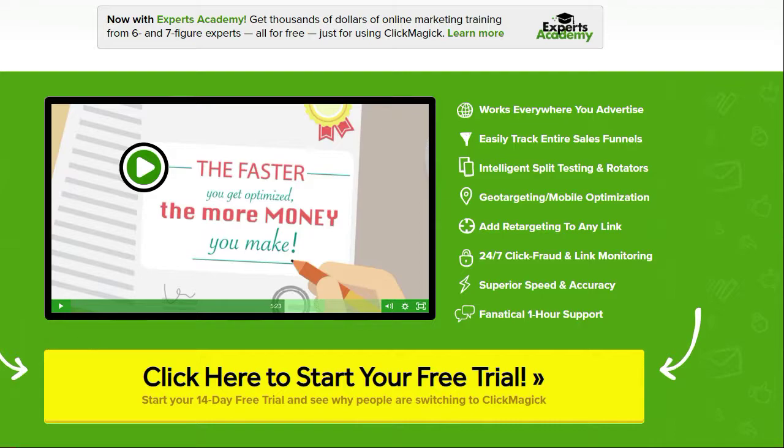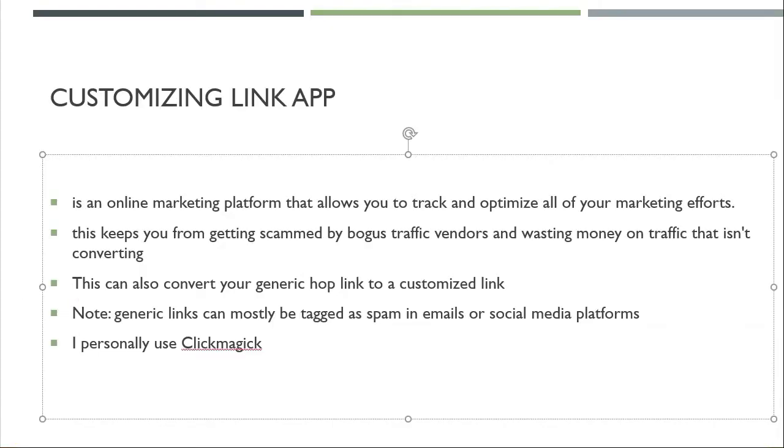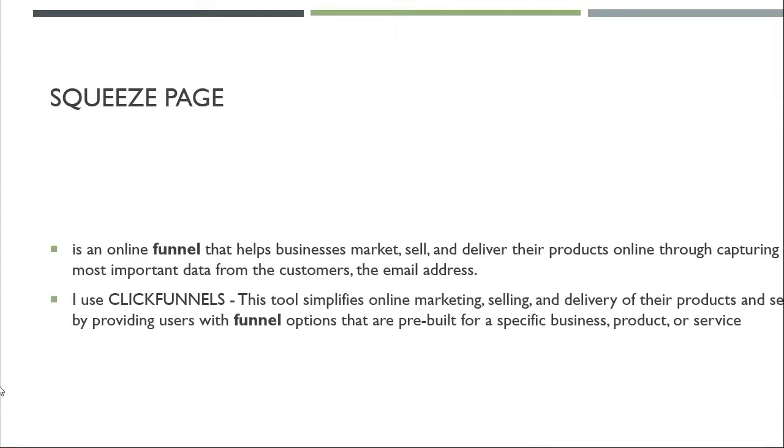Now, the third way is the best way to promote your hub link or any kind of product, in my opinion. The first is to make sure to customize your hub link and create a funnel, a squeeze page that would allow your customers to log in or subscribe using their name and their email address.